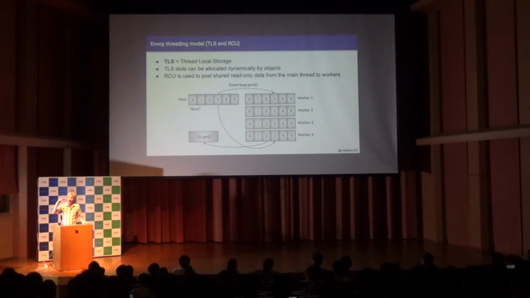and then using RCU, I'm going to post that data to all of my worker threads. So I send a post message, I send this event over to all of my worker threads, 1 through 4, and then if someone goes and reads that route table on the worker thread in slot 3 before the post gets there, that's fine.